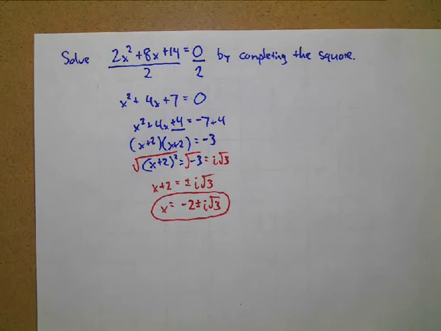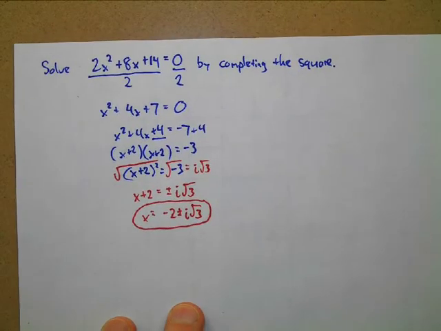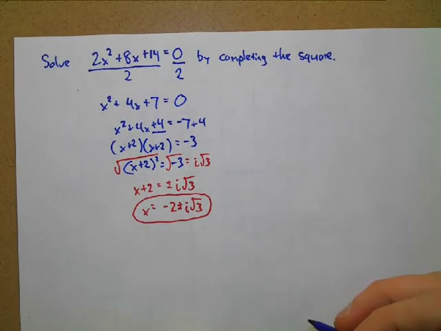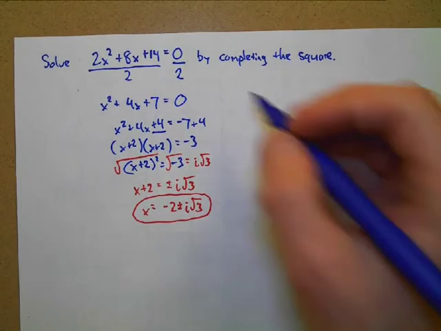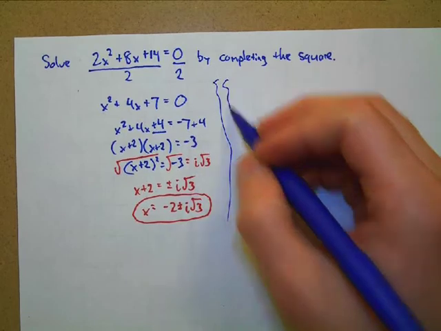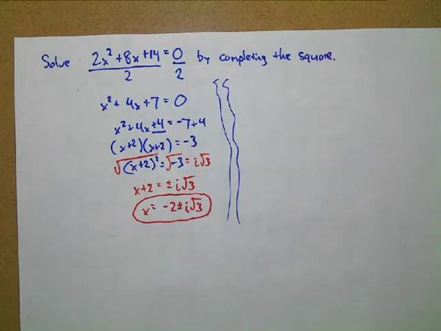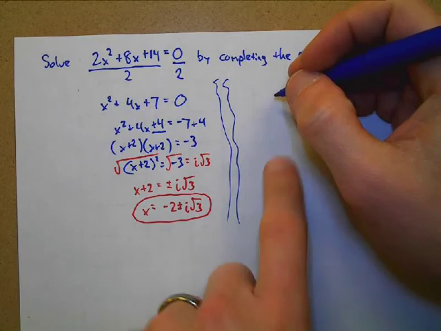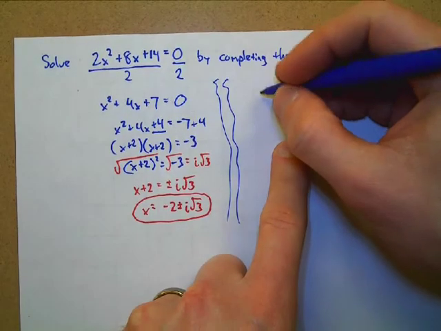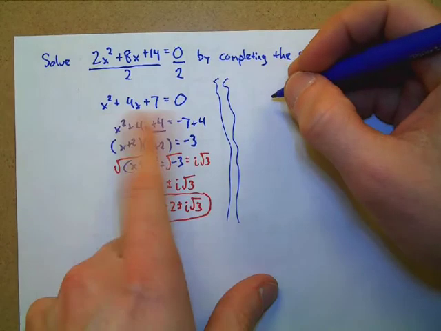So let me show you an alternative way to think about this. Another way to kind of think about completing the square. Okay. So let's see here. An alternative way to think about completing the square, okay, is to take our problem that we have right here.